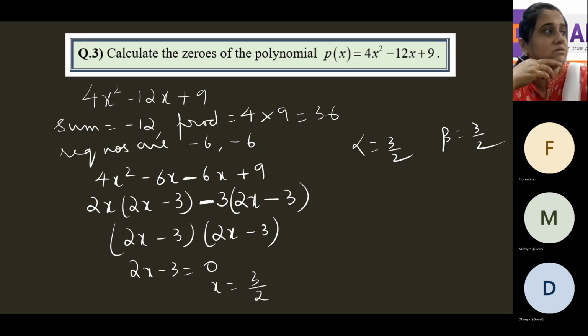Is that fine, Krishita? Please complete, children, and let me know. Now you have written alpha plus beta and alpha beta, right? I'll tell you how you can do it like that also.